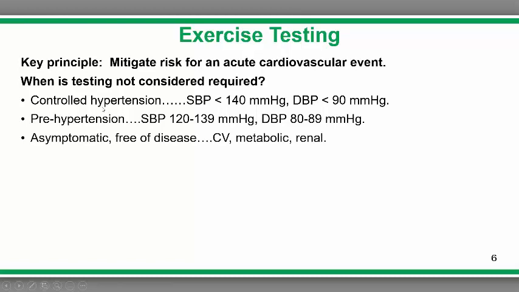Individuals in these two categories that present asymptomatic and are considered to be free of disease, and that includes mainly other cardiovascular diseases, other metabolic diseases, or renal diseases, or issues with the kidney, are cleared to begin the exercise program.